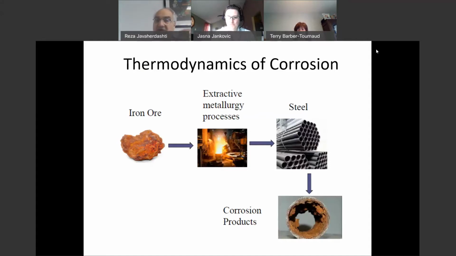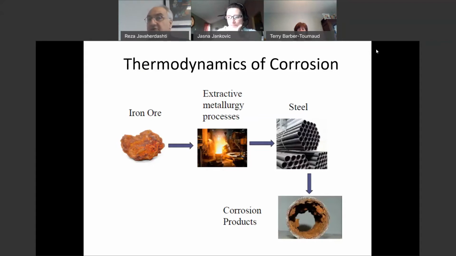This process during which these extra electrons are being liberated so that the metal again comes back to its ore is called corrosion. And the ore that is produced after going through corrosion is called corrosion products.